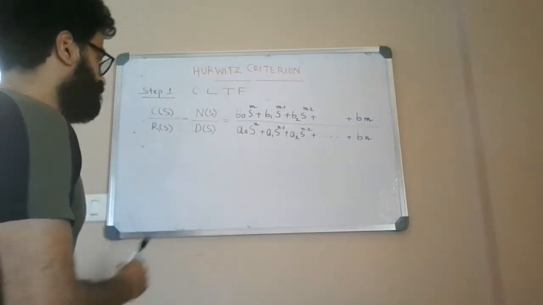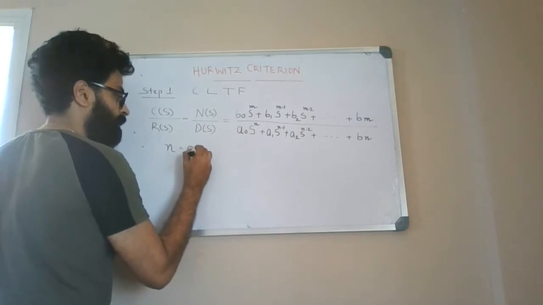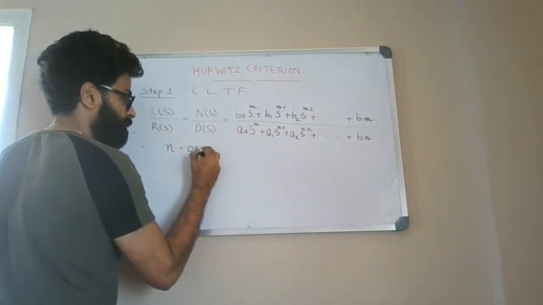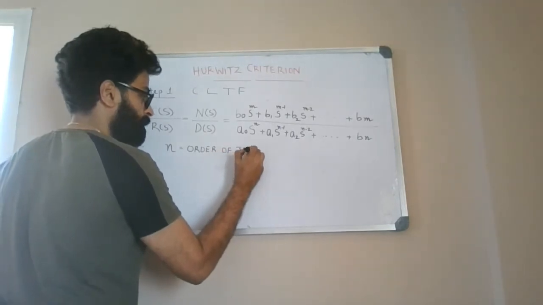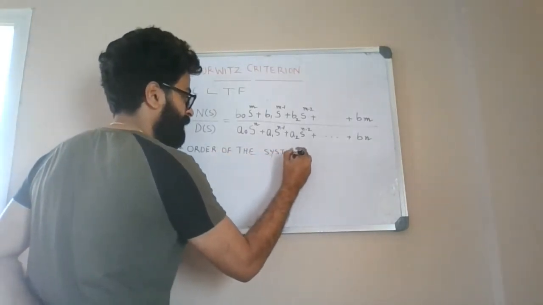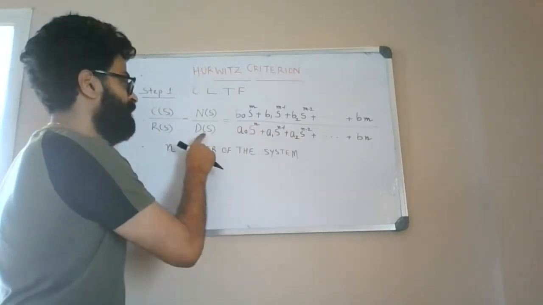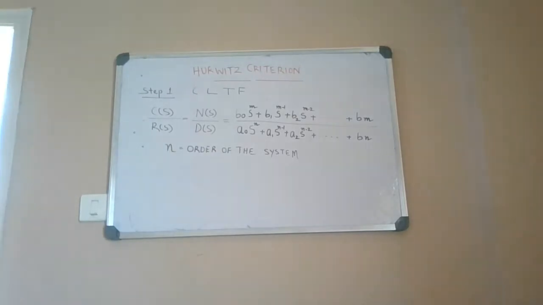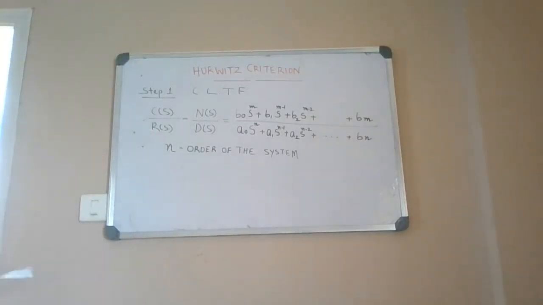One has to note that n is equal to the order of the system. What is n? The highest power of s in the denominator polynomial. That is called the order of the system. So that's your step number 1.